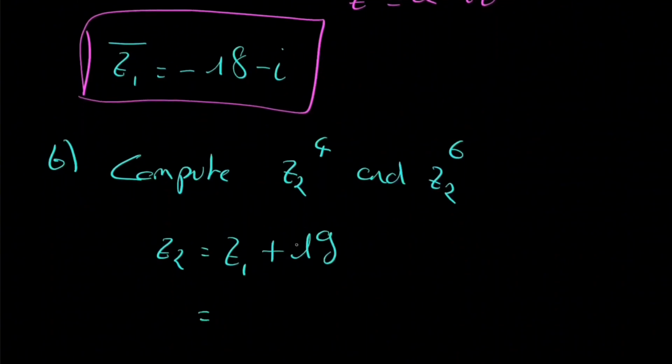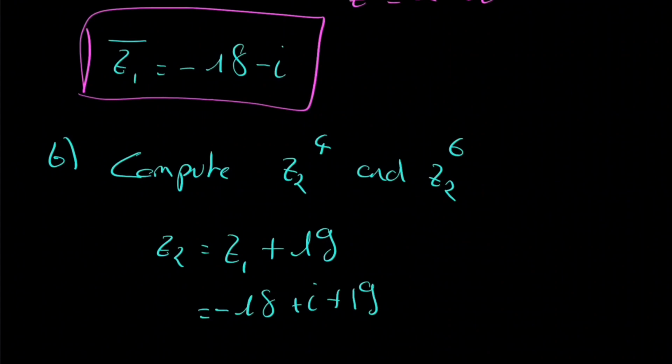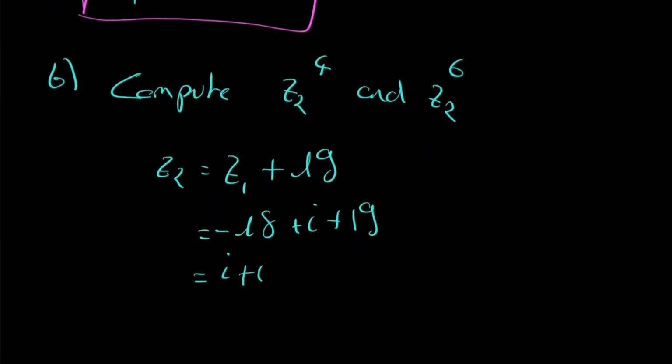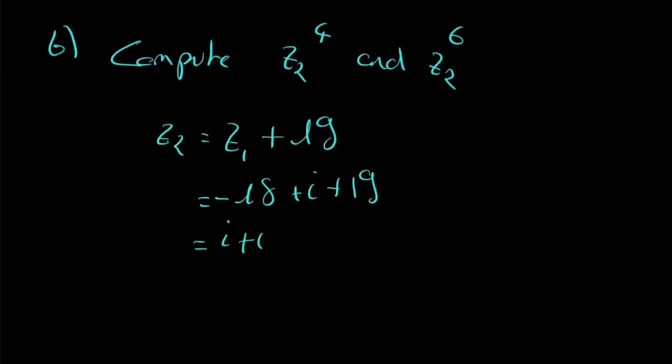So z2 is equal to minus 18 plus i, because this is our z1, plus 19, is equal to i plus 1. So to do that, we want to elevate a complex number to some kind of power. We want to have it in its trigonometric form.